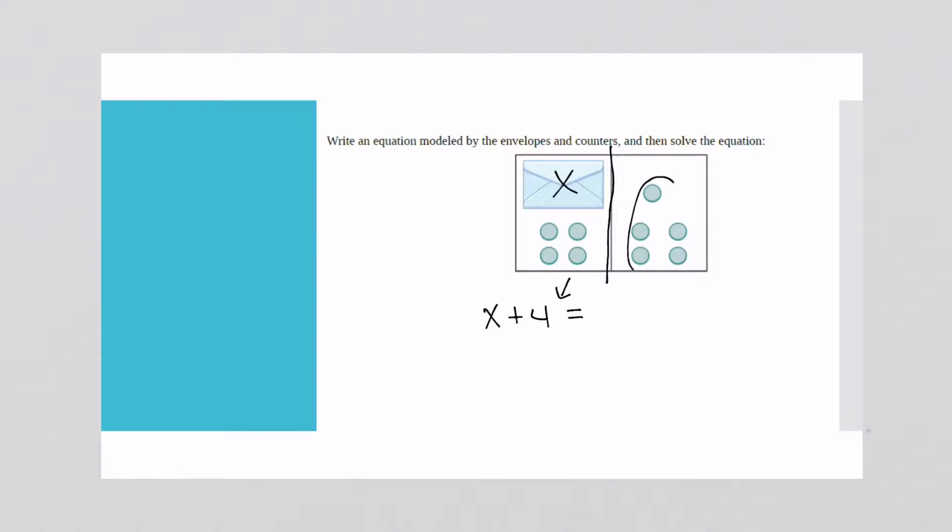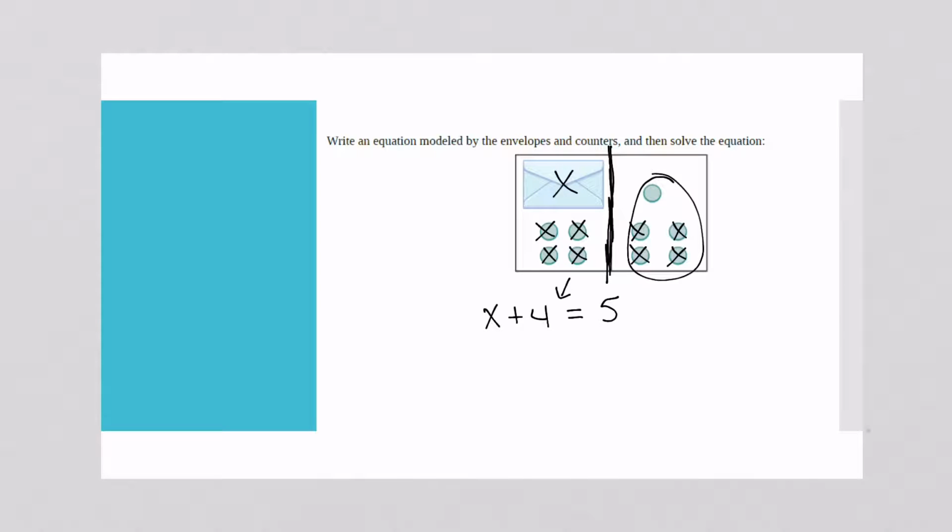And I've got 5 circles over here, so I would put a 5 over there. Because this line means equals, the left side is balanced with the right side. So this is the same as that, and this is the same as that, this one is the same as that one, and this one is the same as that one.